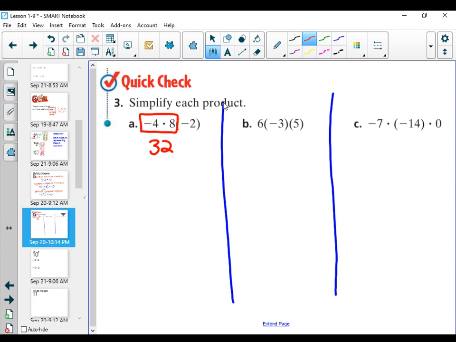A negative times a positive is a negative. Remember, if the number is smushed against the parenthesis, that means multiply. Put your own dot in there if you would like. 32 times 2 is 64. A negative times a negative stays a positive.